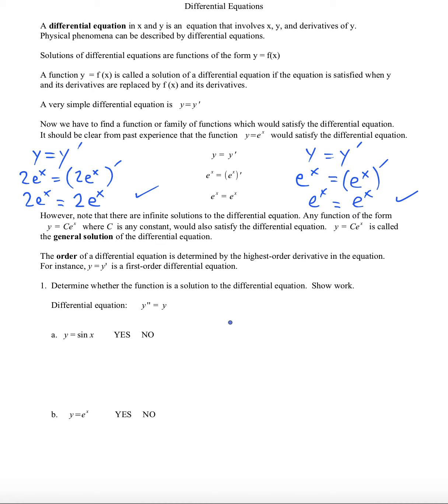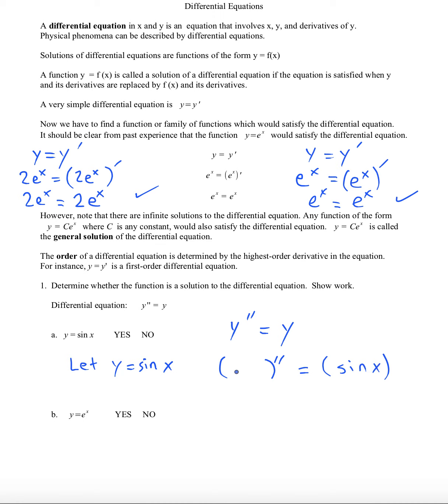And we're just going to check to see if sine x could be a solution to this differential equation. I'll start off by rewriting the differential equation. And then we will let y equal sine x and plug it in just to see if it actually satisfies the differential equation. All right, so in place of y, I'll put sine x.